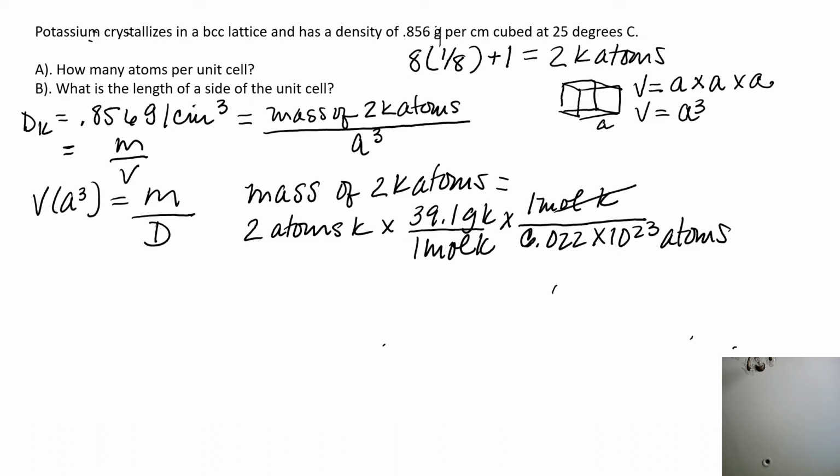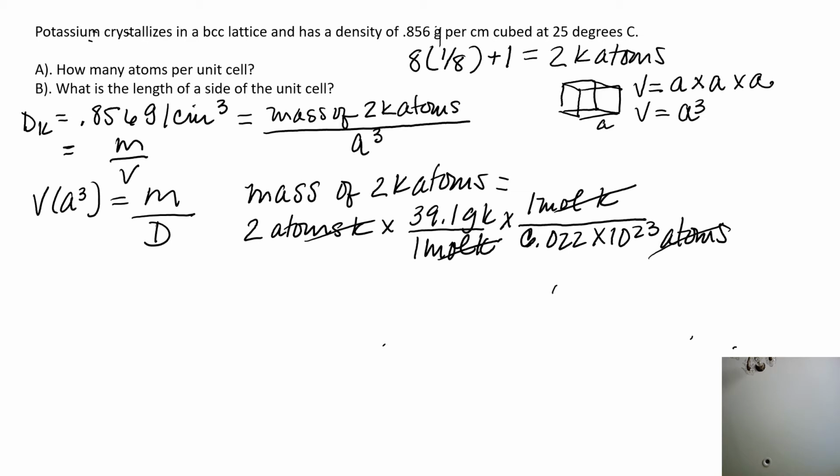So our moles of K will cancel, our atoms of K will cancel, and we'll get the mass of 2 potassium atoms as a result.